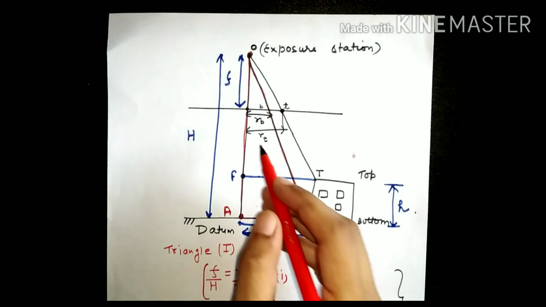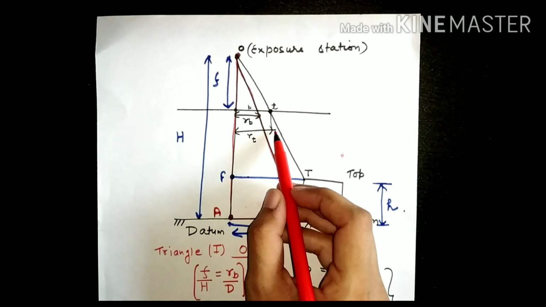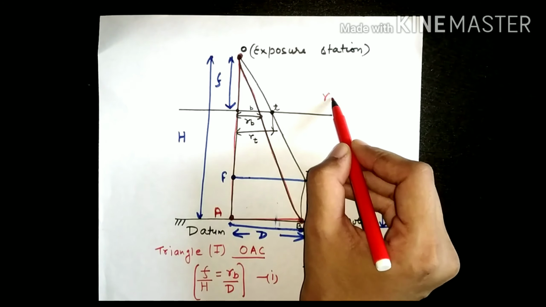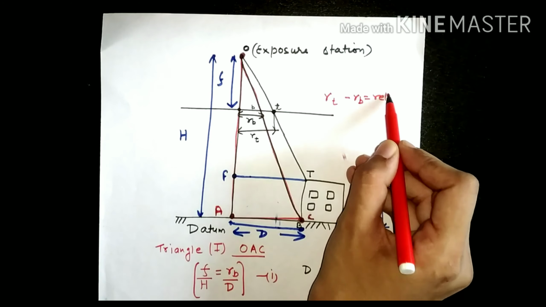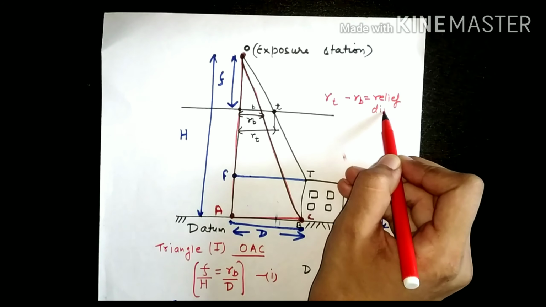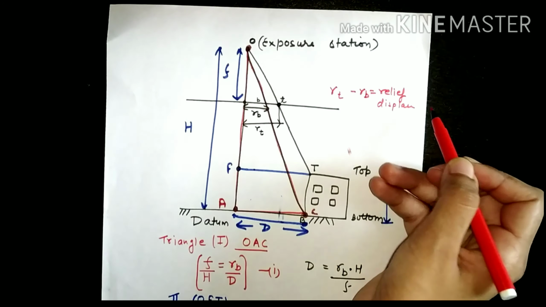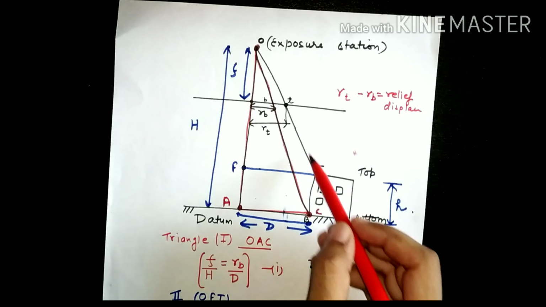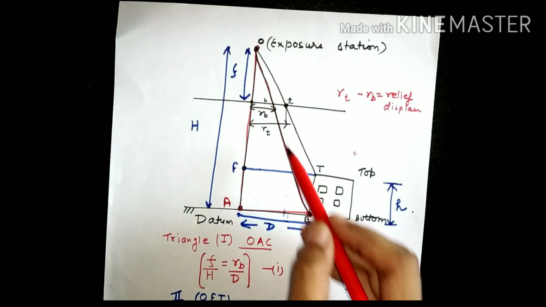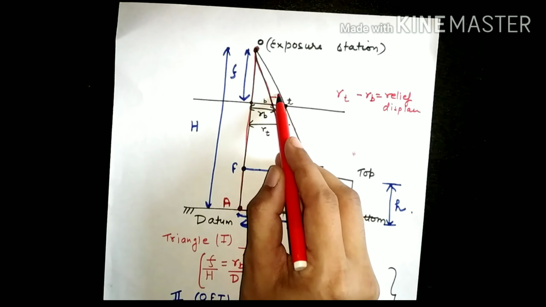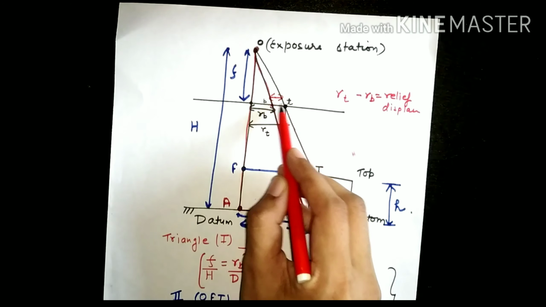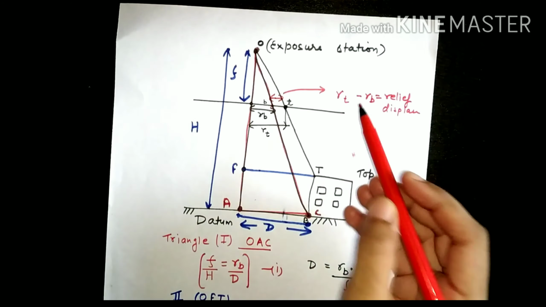If you look in this diagram, this RT minus RB is the relief displacement, because the top of the building is at RT and the bottom of the building is at this point. Okay, and the difference between this point RB and RT is called relief displacement.